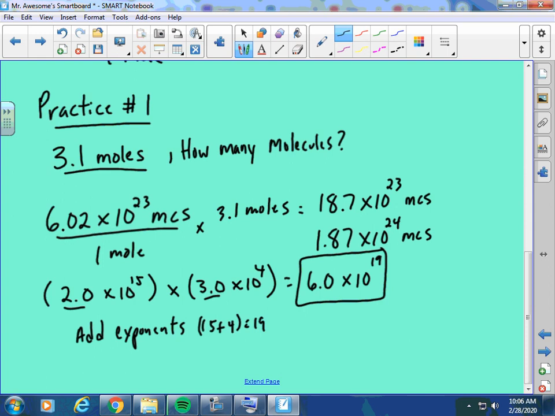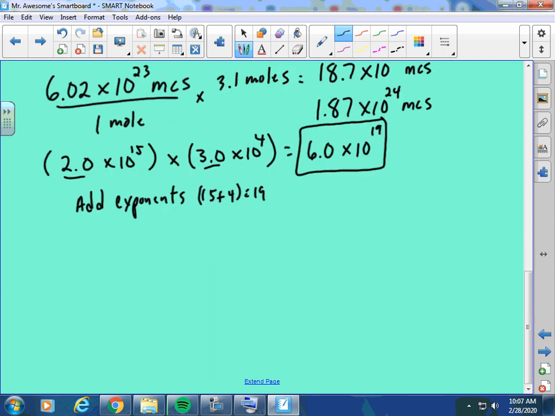Now, the reason I didn't stress that earlier is because realistically, for what we're doing, you're not going to be multiplying scientific notation. But I wanted to show you that because when we get to dividing, you are going to be dividing numbers in scientific notation. For example, if I said, instead of having 6.02 times 10 to the 23rd particles, what if you had 1.8 times 10 to the 25th?